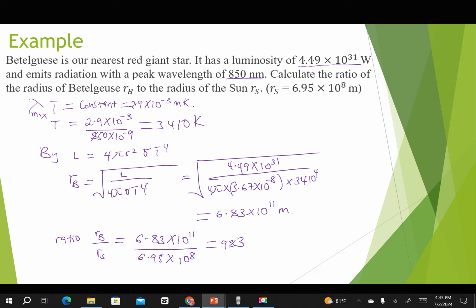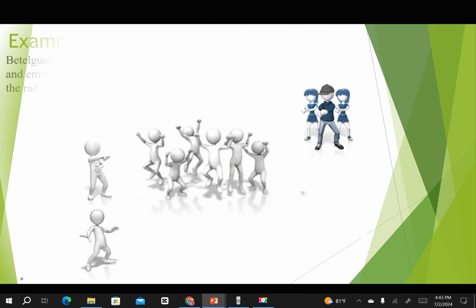So it means it is bigger than our sun. Okay. I think that is the end of lesson 2.